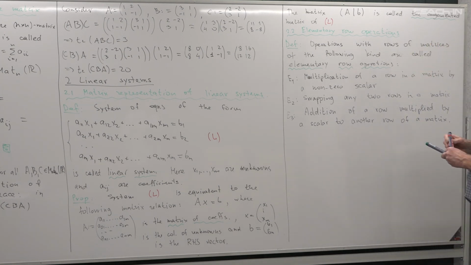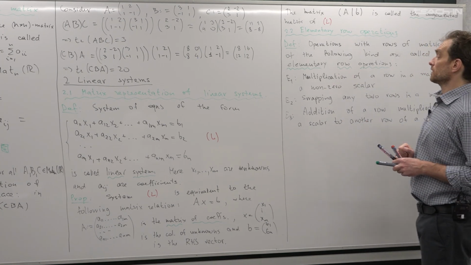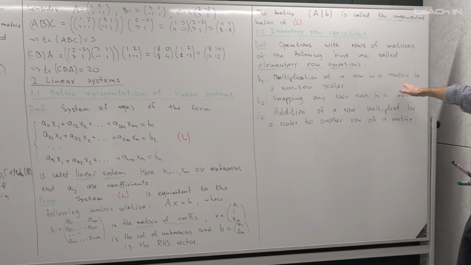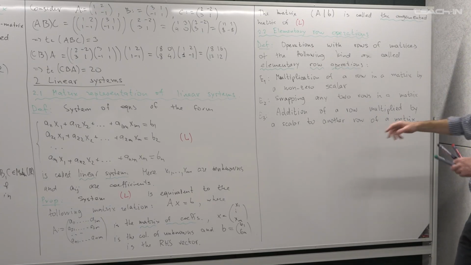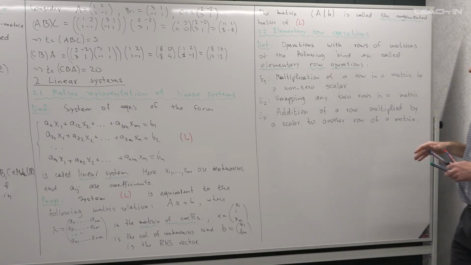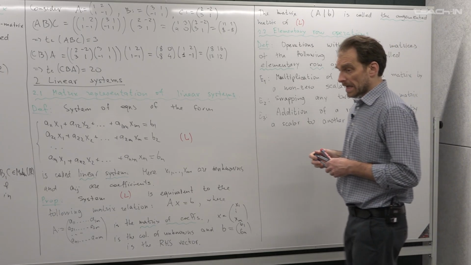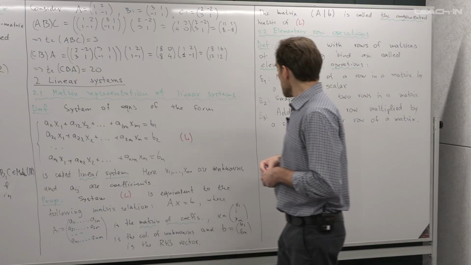Okay, so we have 3 different types of elementary row operations. So we can multiply a row by a non-zero element, we can swap any 2 rows, and we can add 1 row multiplied by a constant to some other row. And these operations are called elementary row operations.